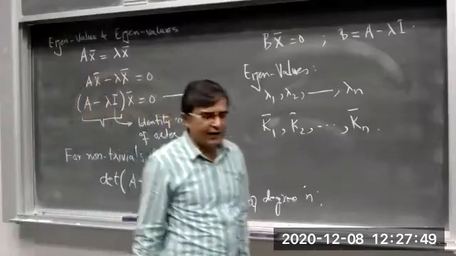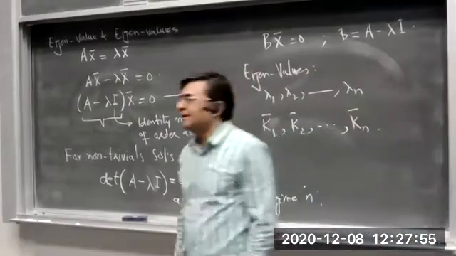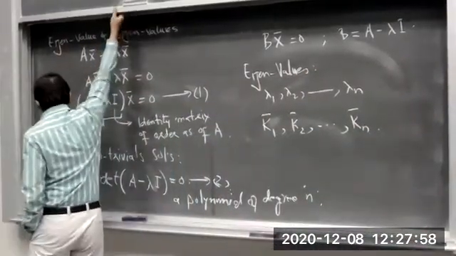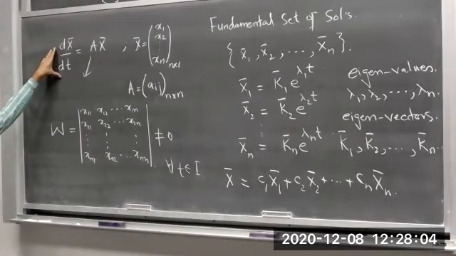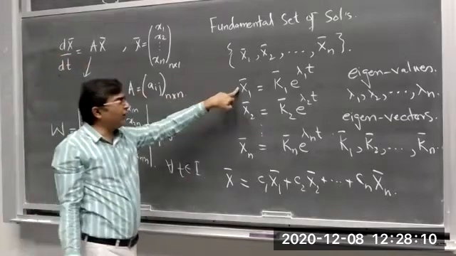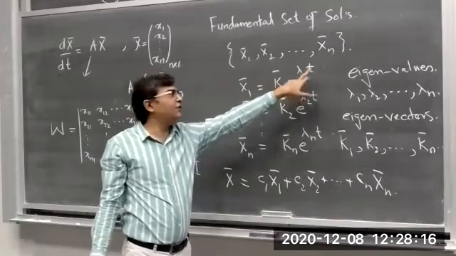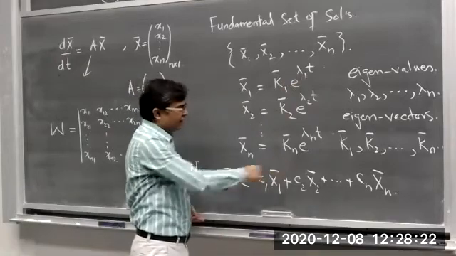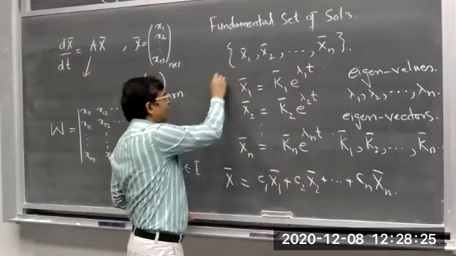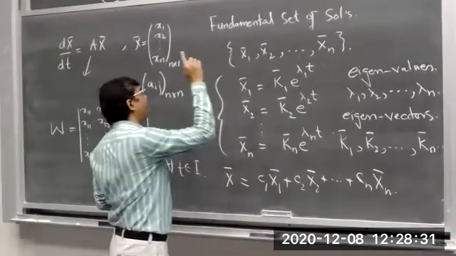Once we know the eigenvalues and eigenvectors, we can write the n solutions of the given system of first order differential equations. X1 is the first solution, which is the first eigenvector times the exponential of the first eigenvalue times t, and so on. We can write the n solutions, and then finally we can write the general solution after investigating whether these n solutions are linearly independent and form the fundamental set of solutions.